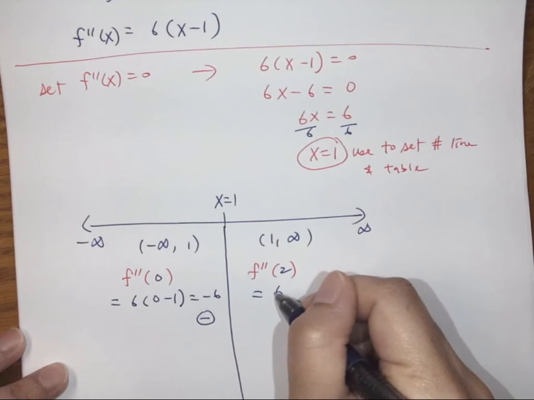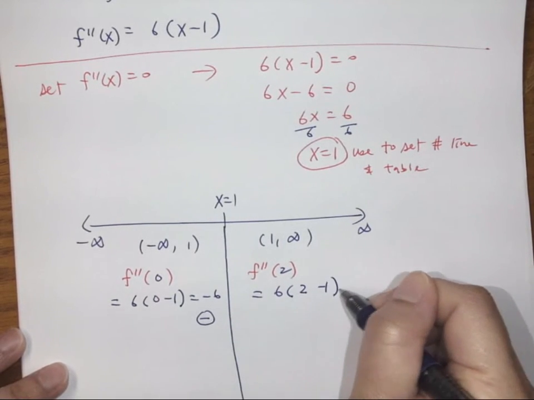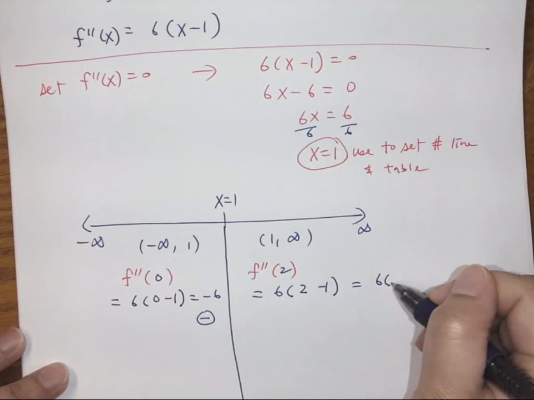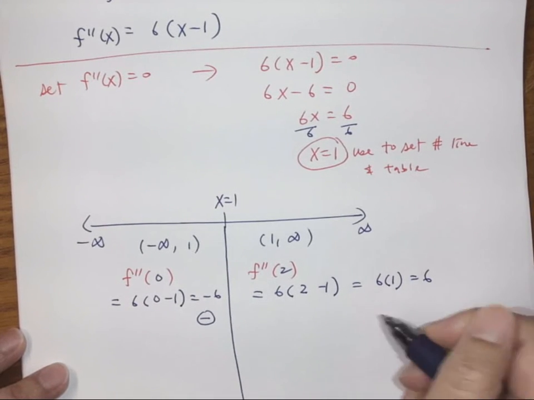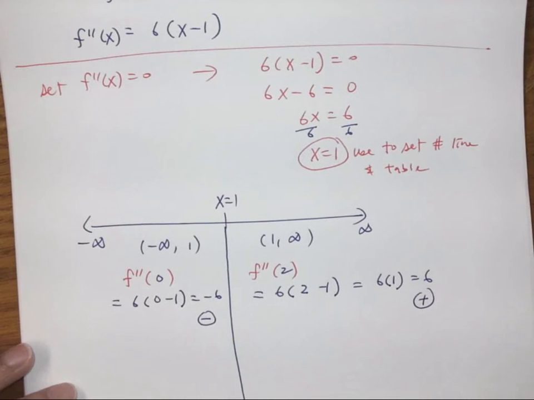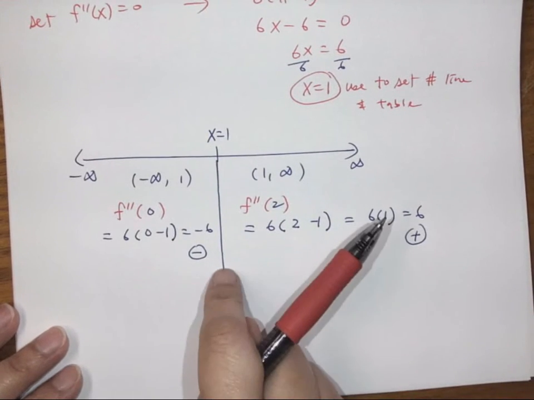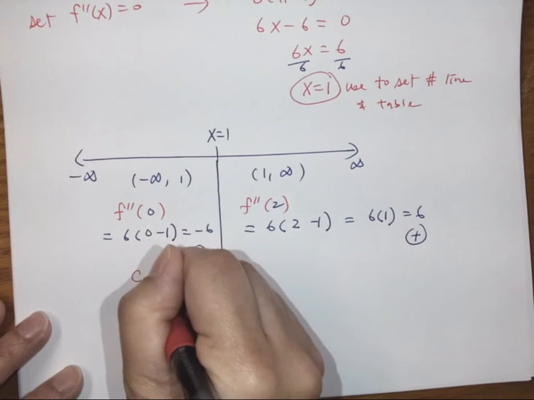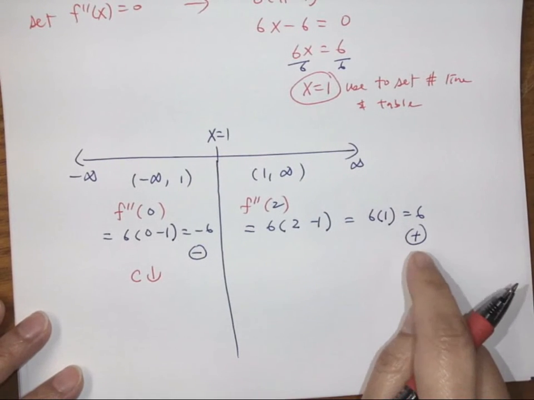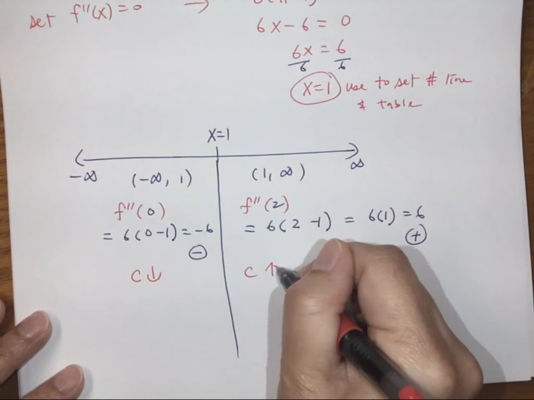And then we plug in 6 times 2 minus 1. That would be 6 times 1 equal to 6. So that's positive. When you plug in the test number into the second derivative, negative means concave down, like a frowny face, and if it's positive, it means concave up.